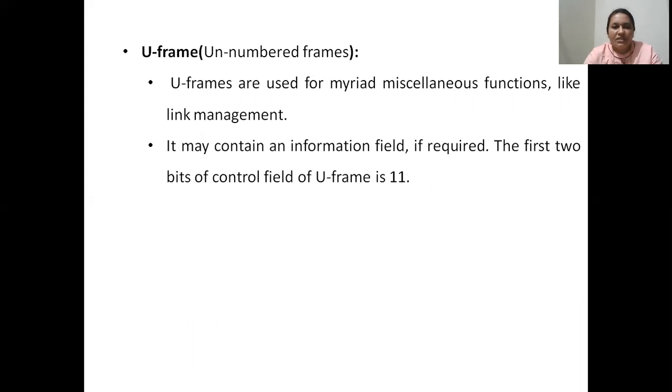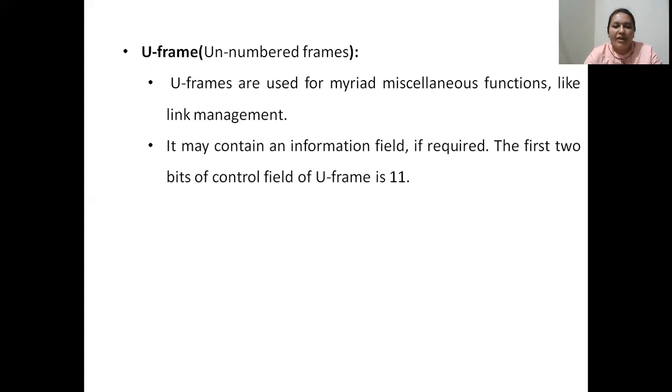The next type of HDLC frame is the U frame, or unnumbered frame. The U frames are used for a myriad of miscellaneous functions. Any other functions apart from information and supervisory functions can be added in the U frame. One example is that link management information can be added in the U frame.